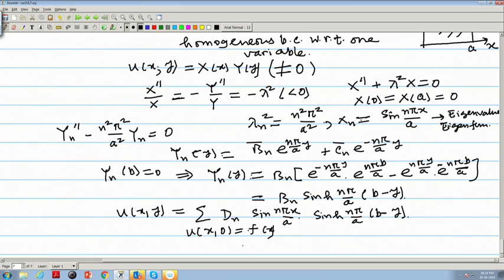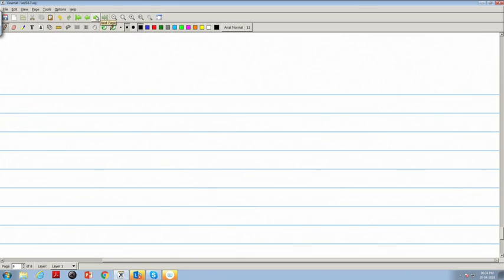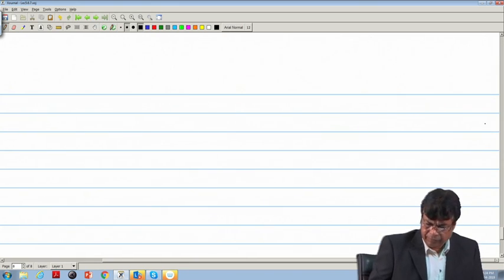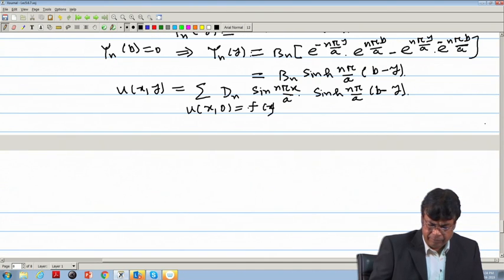Now as usual again we use the condition for orthogonality of the eigenfunction.